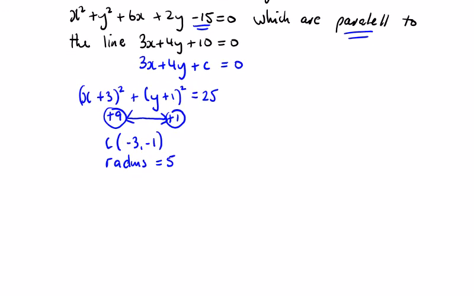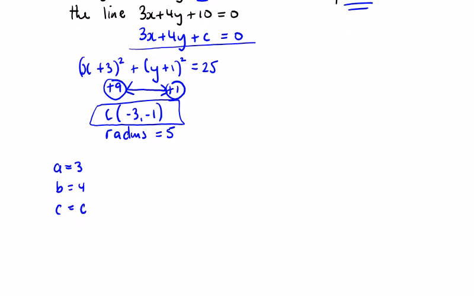So now we have the perpendicular distance from this point inside the circle to the lines. So my A from my line here, A is 3, B is 4, and C is, in this case, c. And my point, my x and my y, are minus 3 and minus 1.